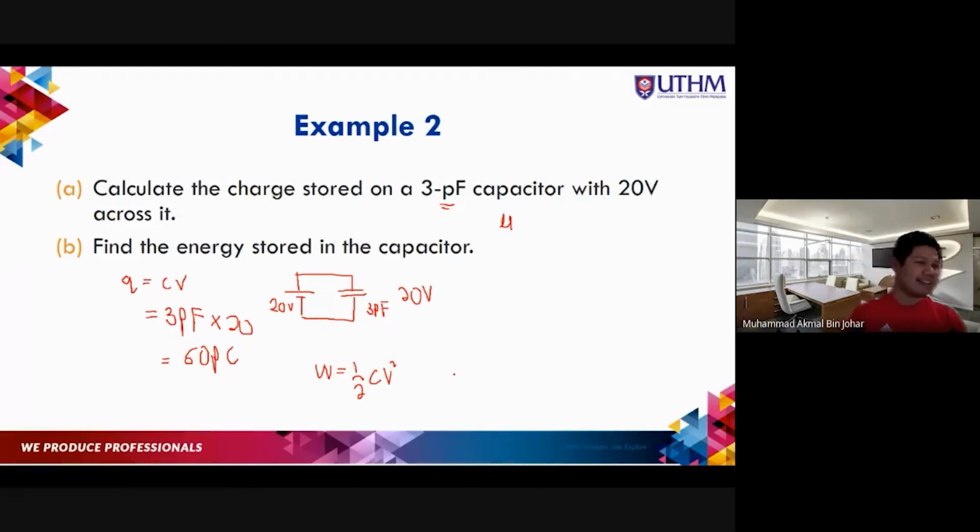So you have 3 picofarad here, and then you times dengan V squared, 400. 400 times 3 divided by 2, and then you will get 600 picojoule. Unit bagi energy adalah joule. That will be the answer for this.